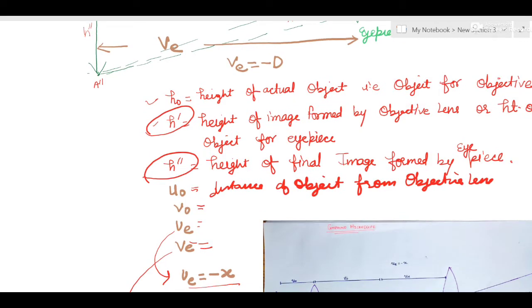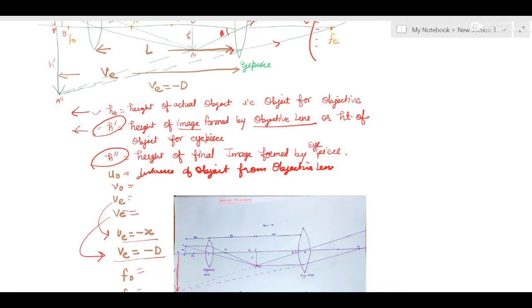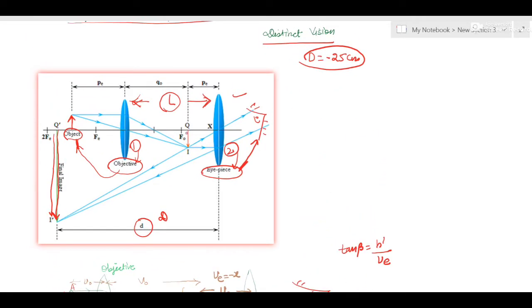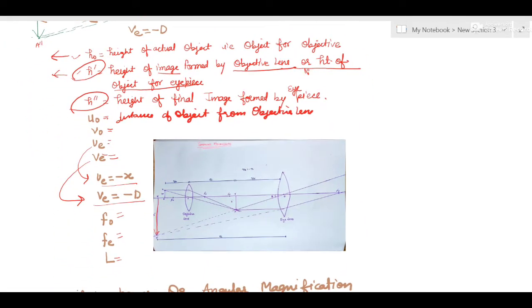These are the quantities: h naught is the height of the actual object. h dash is the height of the image formed by objective lens, or it is the height of the object for eyepiece, because this particular thing is the image for objective, but it is the object for eyepiece lens. That is why I have written two names here.